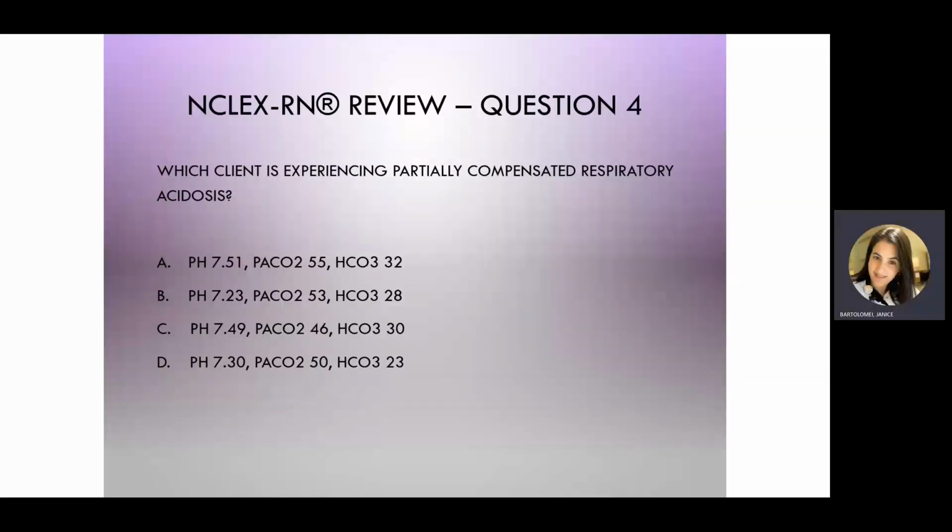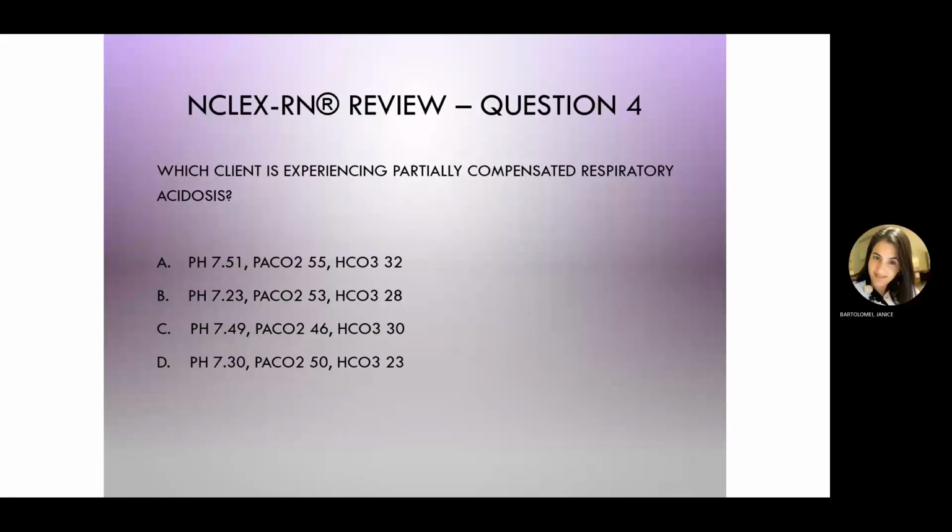Which client is experiencing partially compensated respiratory acidosis? All right, here's how I approach these. I already know it's acidosis. So I know my pH is not going to be normal because it's partially compensated, and I know my pH is going to be low.